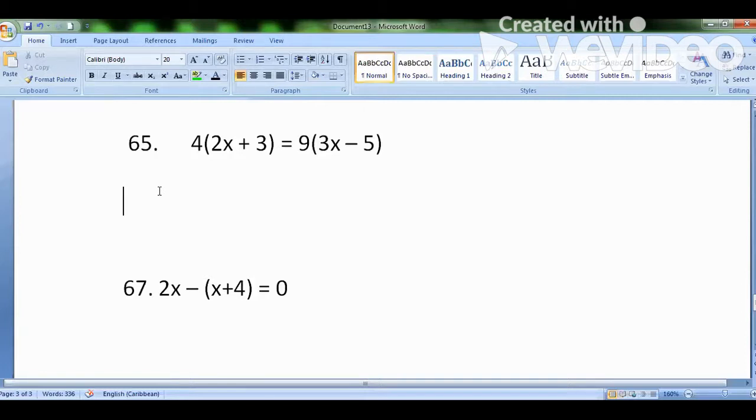All right. So I'm going to remove the brackets first. Which law are we using? Starts with D. Distributive law.